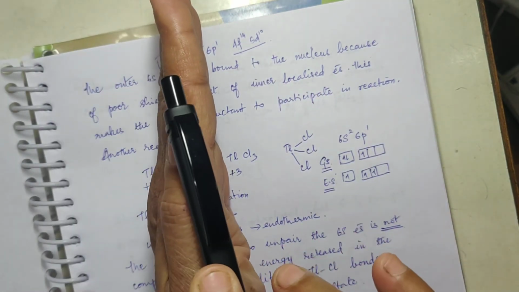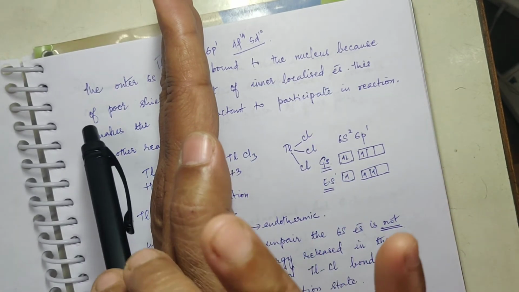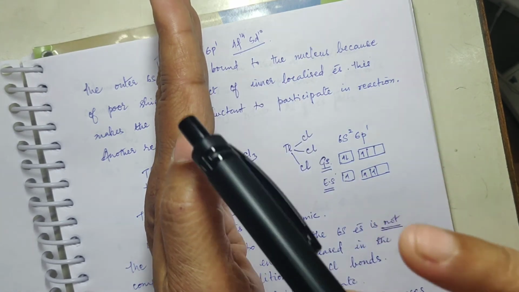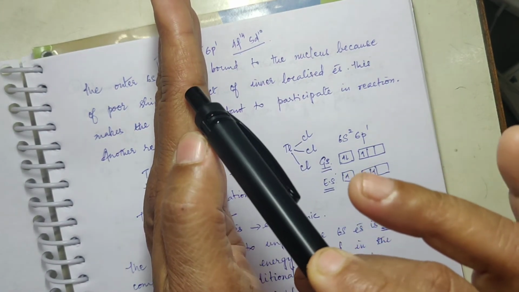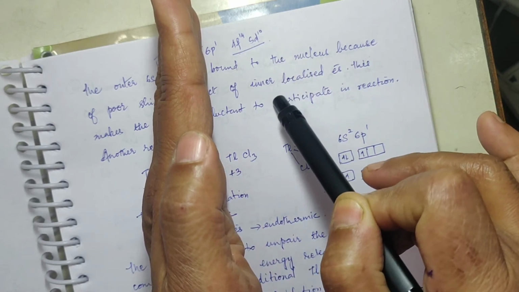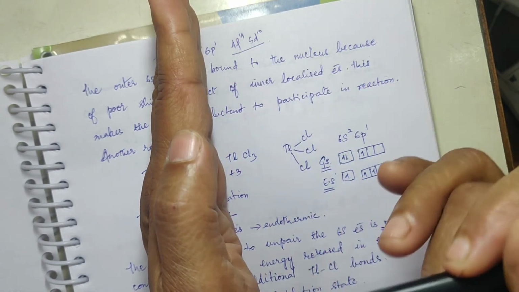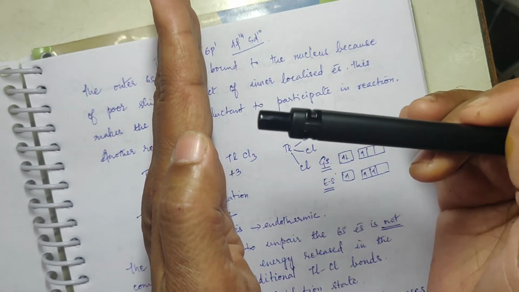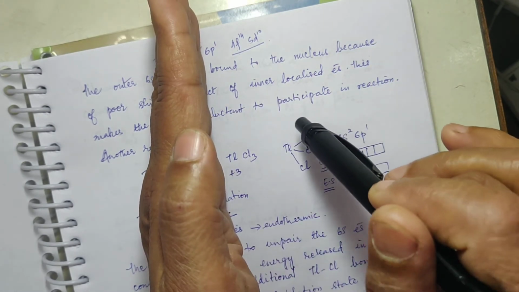If there is a wooden door in between, the person inside will not be able to see who is outside. But if it is a glassy screen, then you will be able to see who is standing outside. Now this glassy screen is similar to poor shielding. You are able to see the person outside.